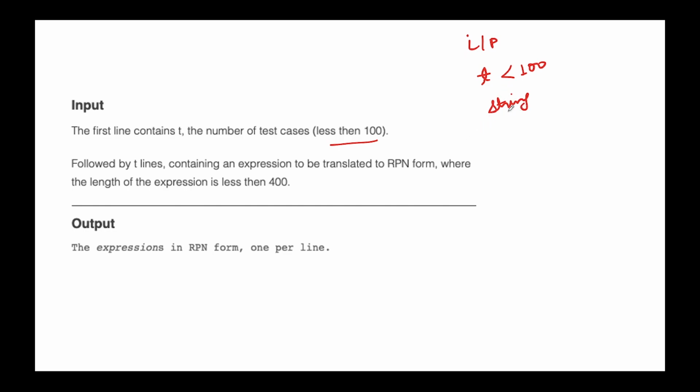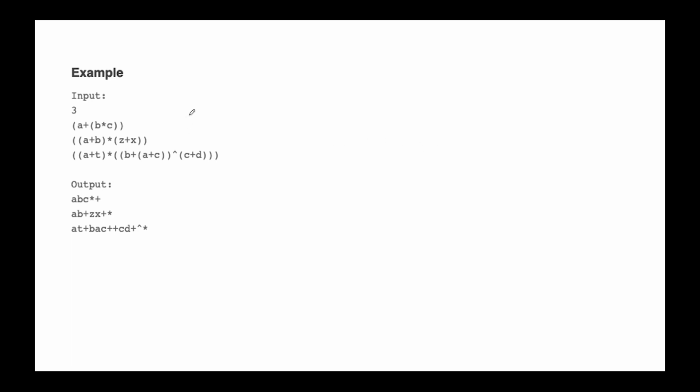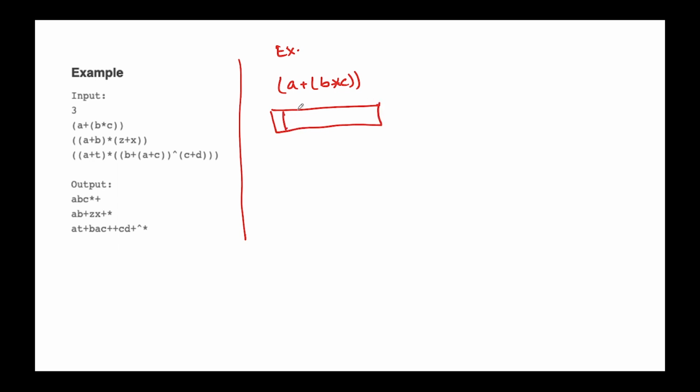So moving ahead, now let's take some examples to understand how things are being done here. The first example you can see here is bracket a plus bracket b multiplication c bracket close. Now let's start with the basics. Let's say this is our string and these are the indices.